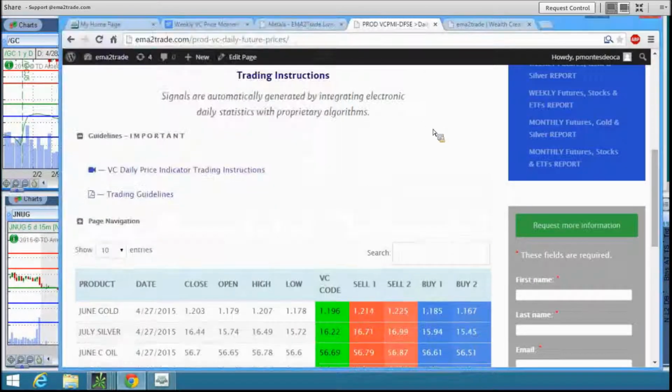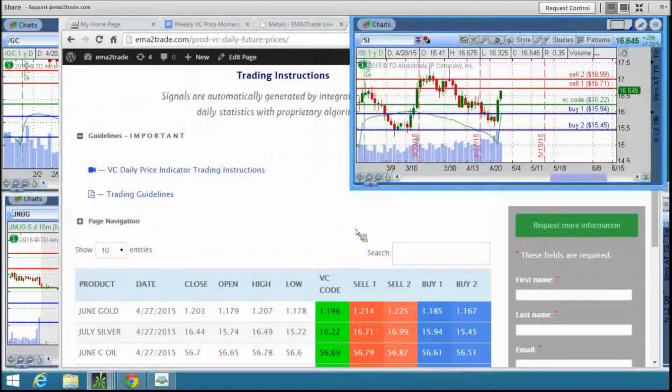Let's take a look at silver and basically use the same patterns and see what has transpired.